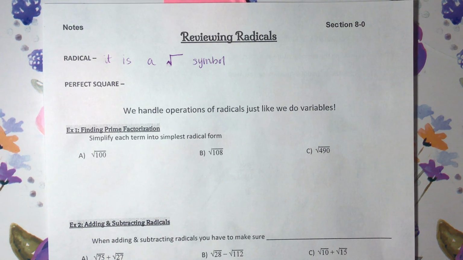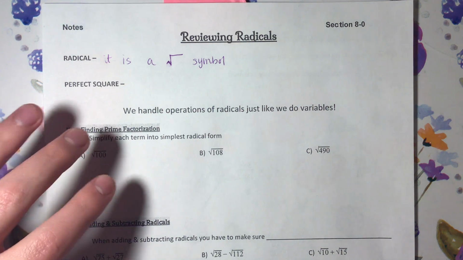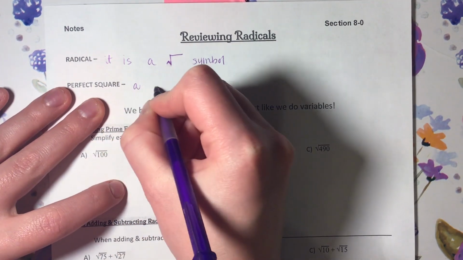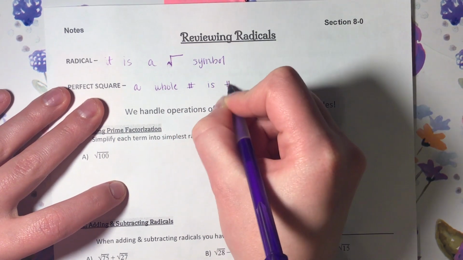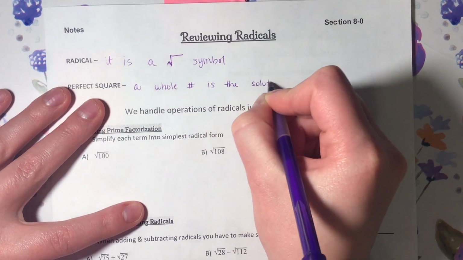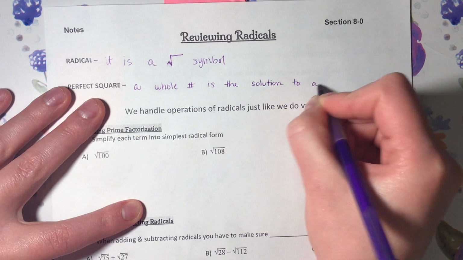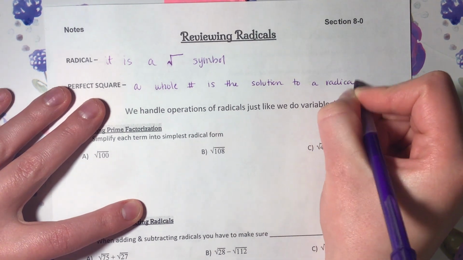Now, you have already seen these, and you're relatively familiar, I would imagine, with a number of types of radicals, something called a perfect square. A perfect square is what you're going to get when a whole number is the solution to a radical.